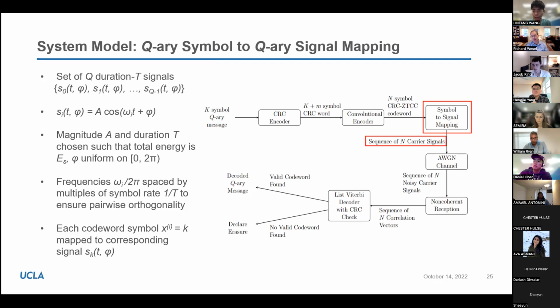Roughly speaking, a half times log of Q bits. So on rough numbers for a Q equals 16 system, which I guess is a practical system where they're using 16 frequencies, the actual information rate is something like 7 or 8 bits per channel use.